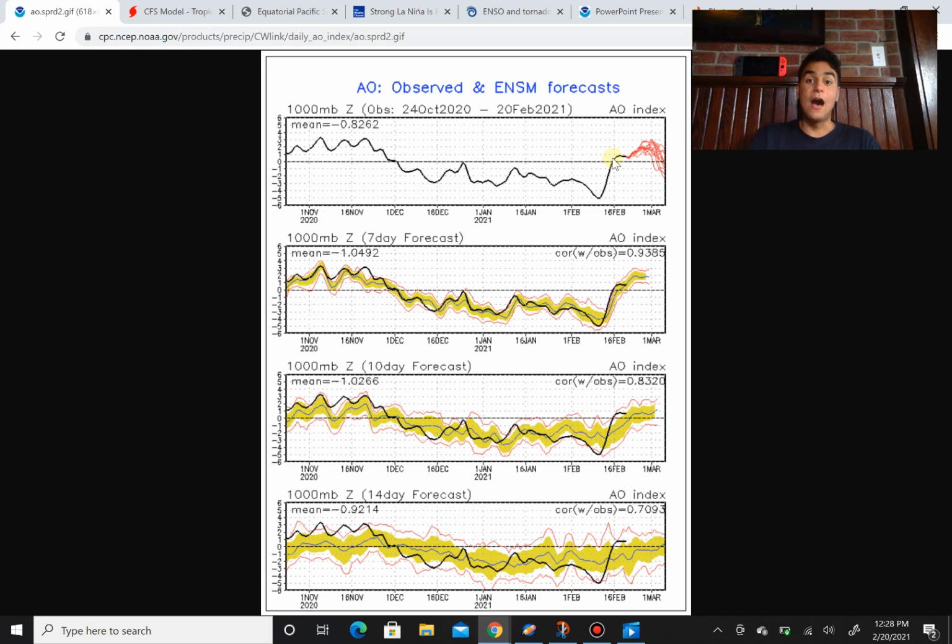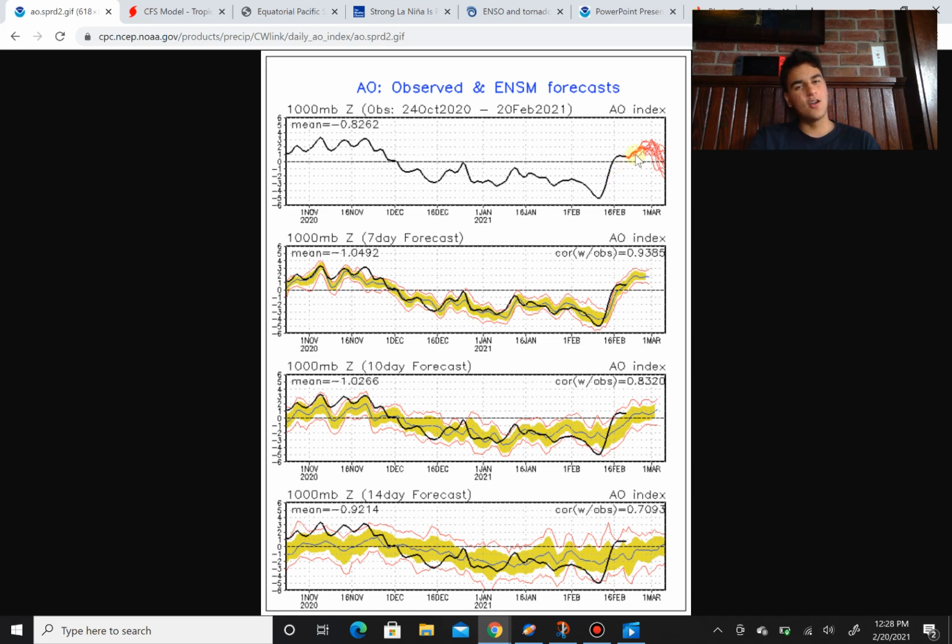However, I want to put a disclaimer that a positive Arctic oscillation does not at all mean that you're going to see fewer than typical severe weather events in the Midwest, because there's still a lot of factors that could completely outweigh the effect that a positive Arctic oscillation has on the spring forecast.